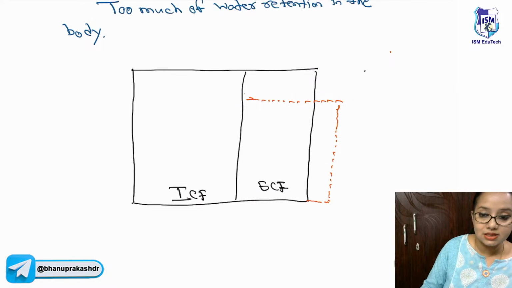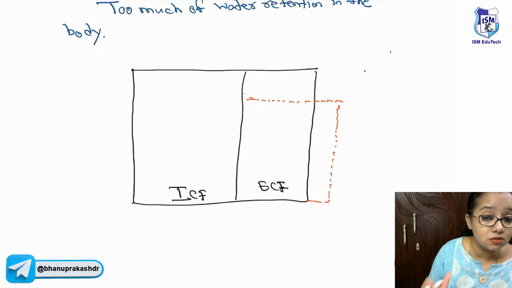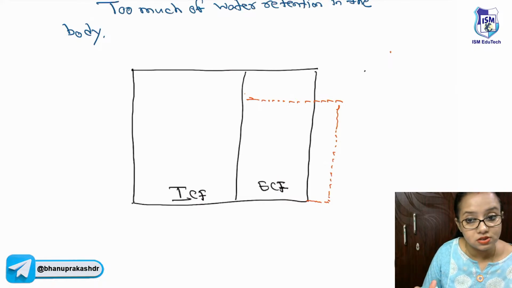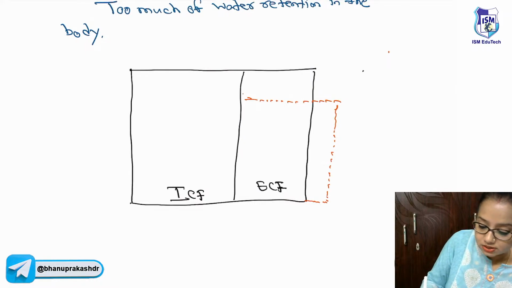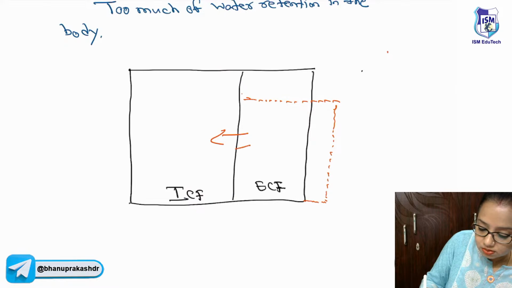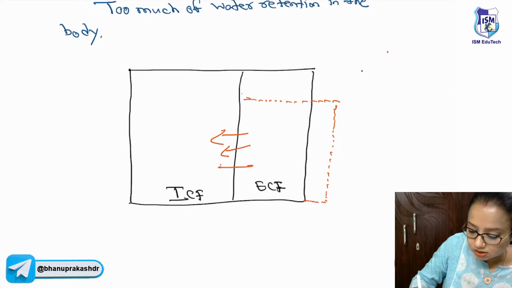So now the ICF, what is the nature of the solvent following osmosis? Water moves from a region of lower concentration to a region of higher concentration. That is the nature of the water, opposite of diffusion, right? So water will now start moving from ECF to the ICF.